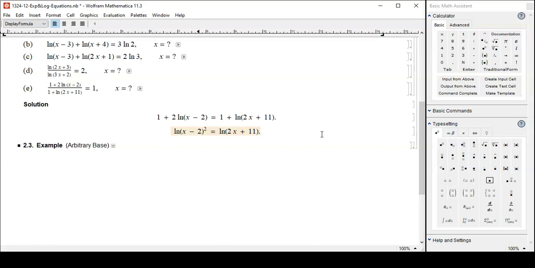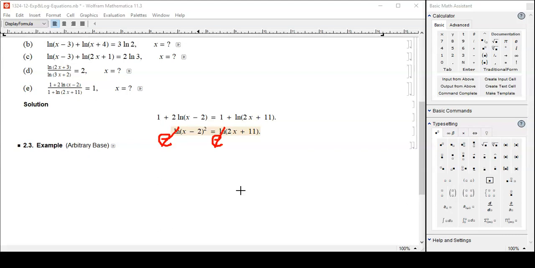All good? And then what do you do next? Exponential of this, exponential of that, and we just kill off the logarithms in this highlighted part. We took the exponential of both the left-hand side and right-hand side of this highlighted equation, and that'll kill this logarithm.